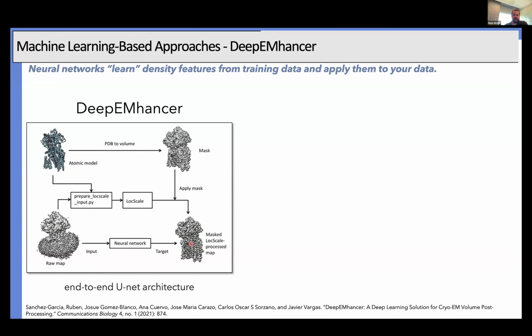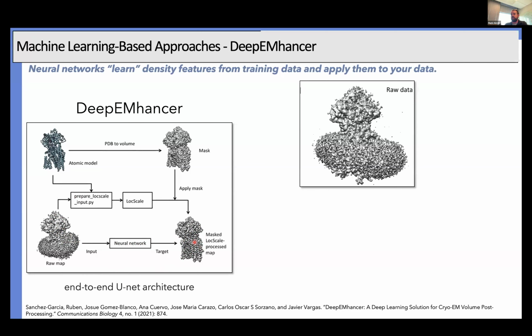And so they provided multiple different models within their algorithm to apply this, depending on whether you wanted high res, medium res, or a mixture. And so that way you can then improve the quality of your EM map without requiring an atomic model.